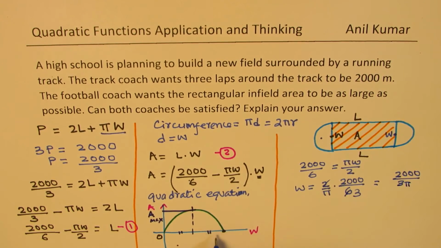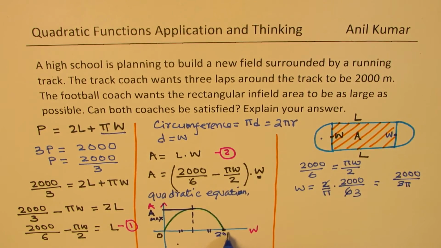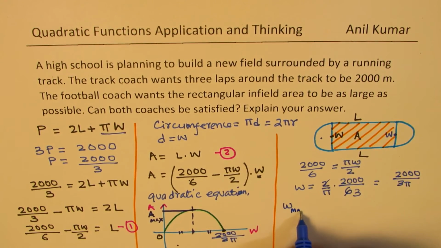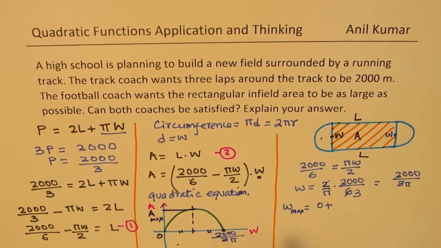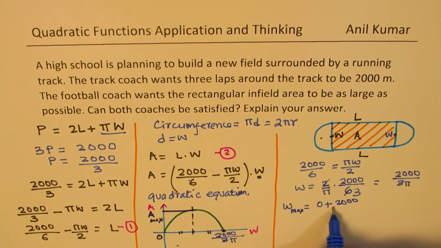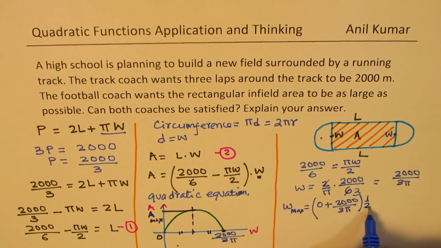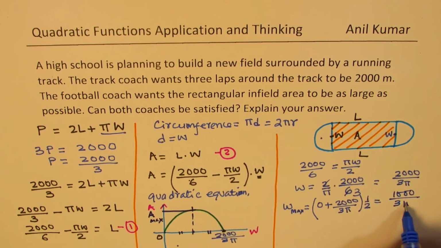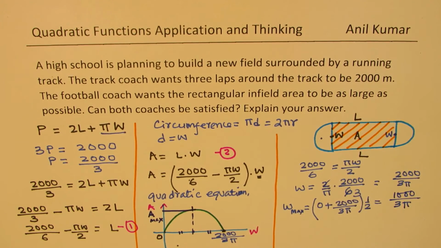This value here is 2000 divided by 3 pi. So the center value will be the average of these two. The width for maximum area will be 0 plus 2000 over 3 pi, times half. When you open this up, 2000 divided by 2 is 1000, divided by 3 pi. So we get the width for maximum area.